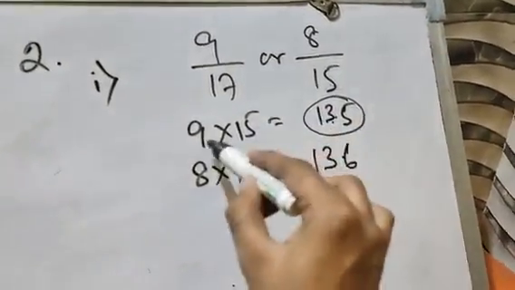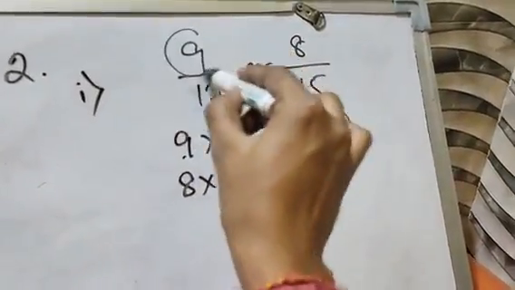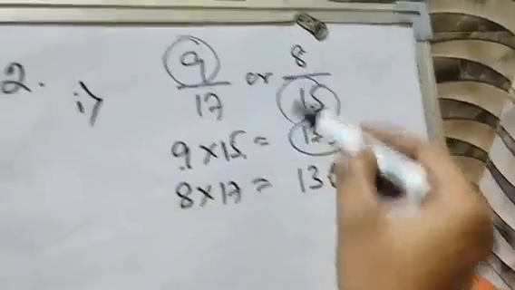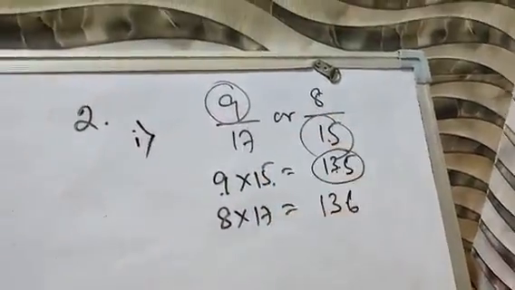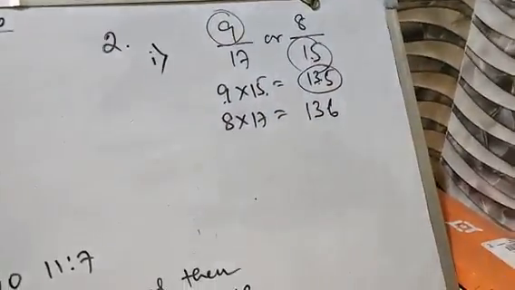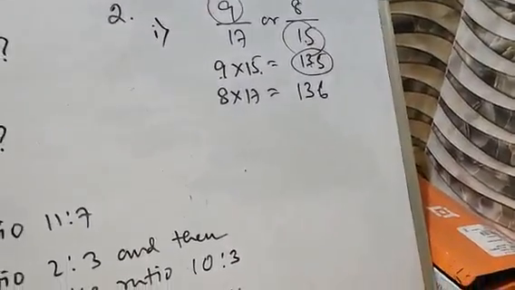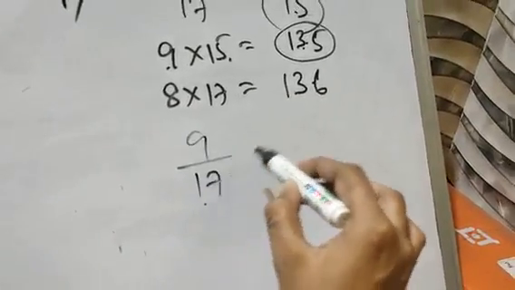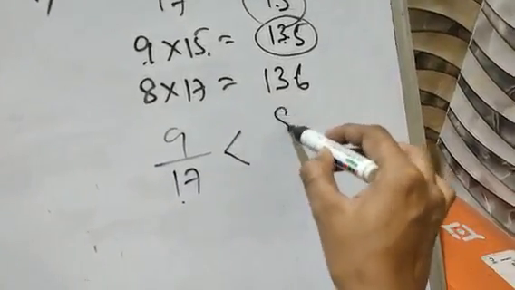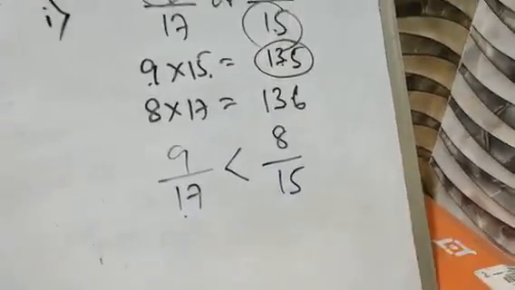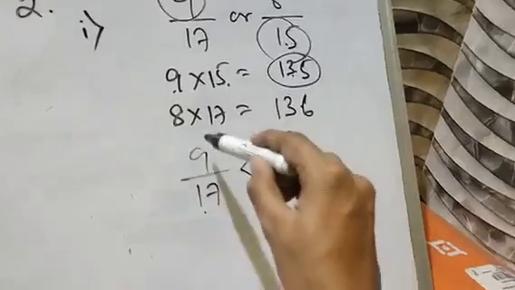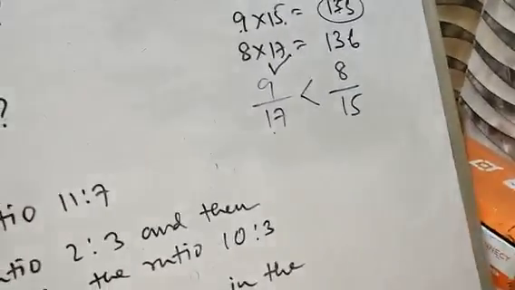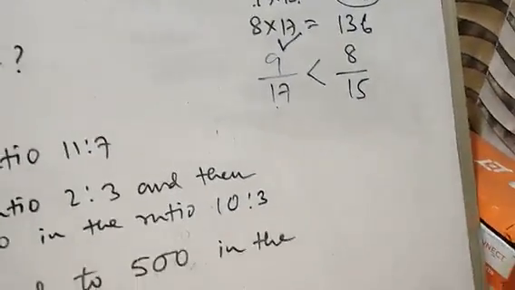So 135 means 9 into 15. Between these two, which one is in the numerator? 9 is in the numerator, so 9 by 17 will be smaller. That means 9 by 17 is less than 8 by 15. So your smaller fraction is 9 by 17. This is the answer.